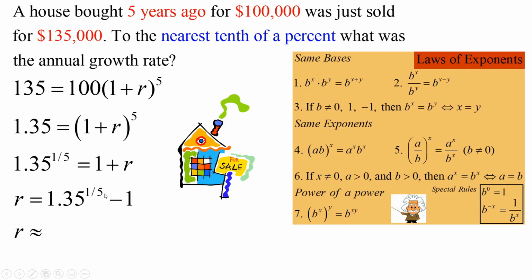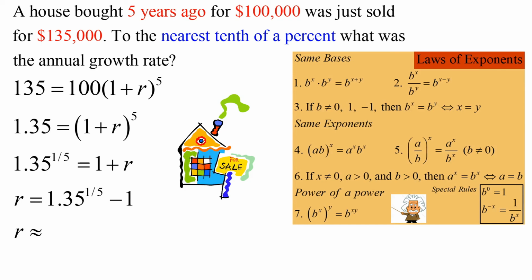And now let's punch that out carefully and make sure we round appropriately. So I'll punch it out with you. 1.35 to the 1/5 power minus 1. I always check, is everything in okay? Yeah, it is.